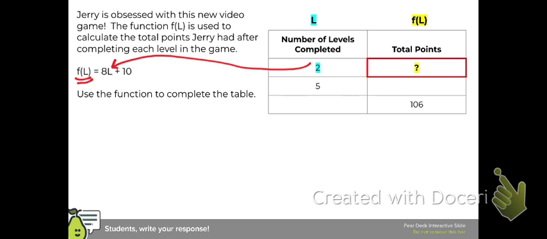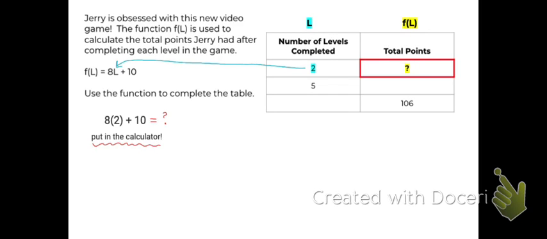We're evaluating that function for L equals 2. So when you do that, again, substitute it in, put it in your calculator, and you're going to see that it equals 26. Now you do the same for that second row. You want to see what is f of L when you put 5 in for L. So 8 times 5 plus 10.